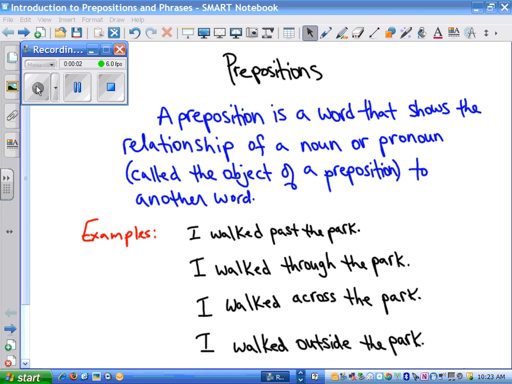Preposition. A preposition is a word that shows the relationship of a noun or a pronoun, which are called the object of a preposition, to another word. So, some examples.